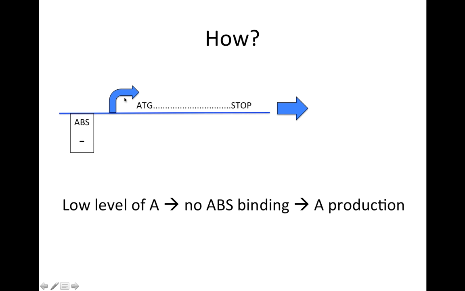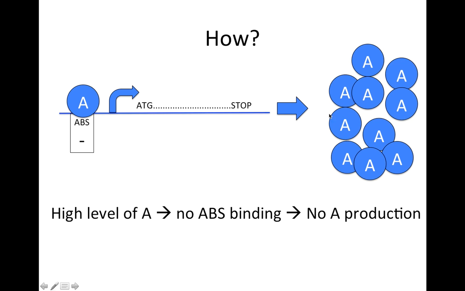That means the gene is not being repressed, so A will be produced. And let's say we overproduce it, more than a moderate amount. Well, then that protein will come and bind to the binding site, and now it will repress it. And so over time, as these proteins degrade, we'll get to an intermediate level.